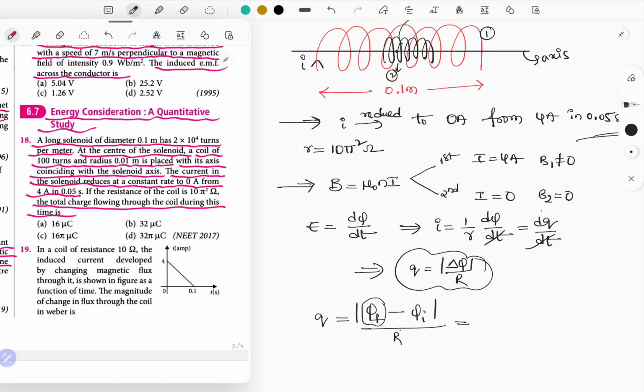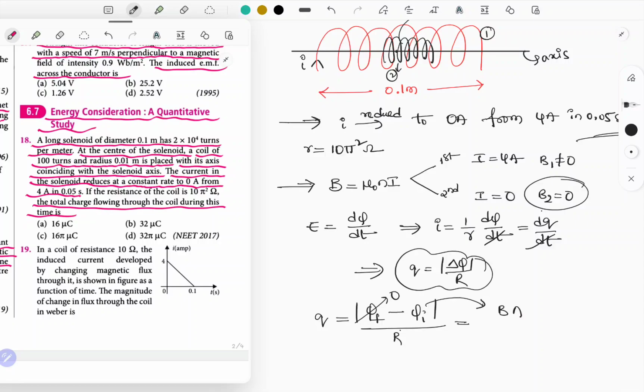If flux is related, the change in flux we have to find out. What is the formula for flux? B into A, right? So what's the formula for B? Mu naught n i. Okay, so let's find out. What is the phi 2 value? Phi 2 is 0, no? Because B2 is 0. Phi 2 is 0. I have to find out phi 1 alone, and that too only magnitudes. I am writing it directly.